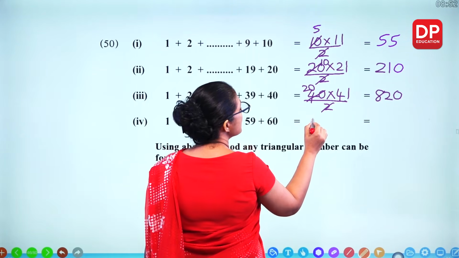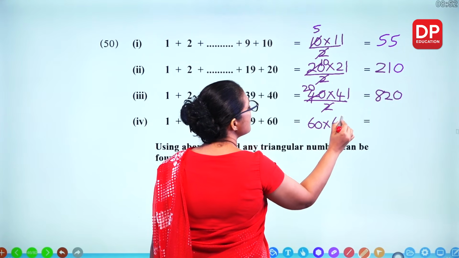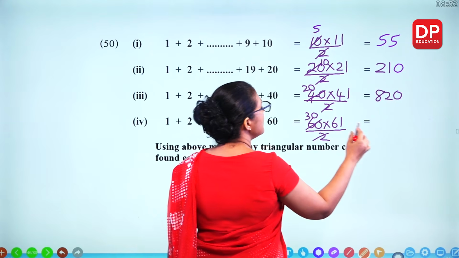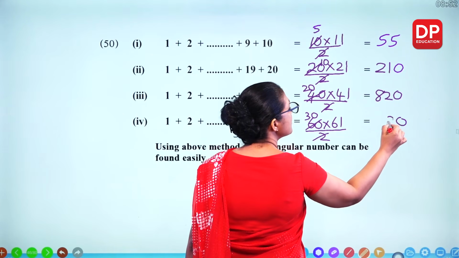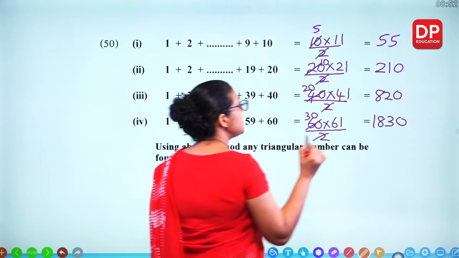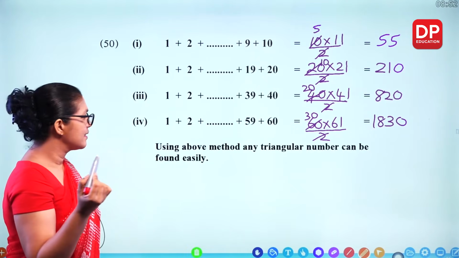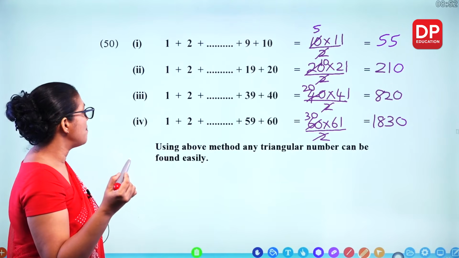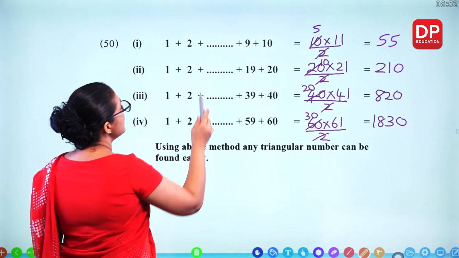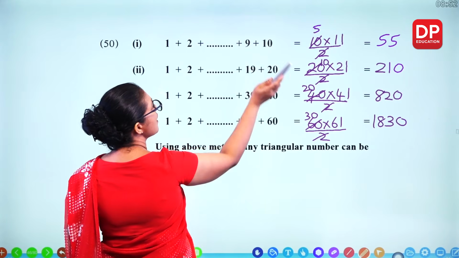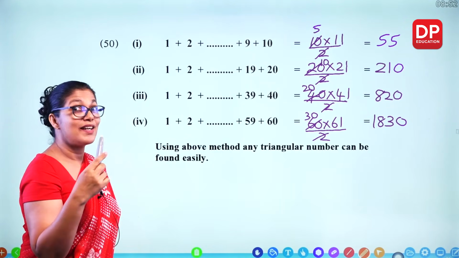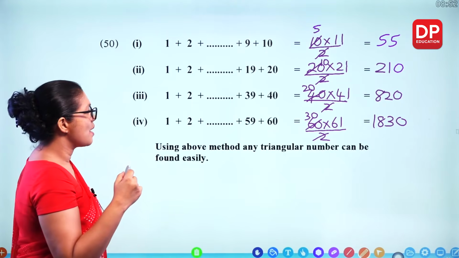So that means 60 into 61 divided by 2. 2 times 30. 0, 3 times 1, 3, 3 times 6, 18. 1830. So using the above method, any triangular number can be found easily. So this means the 10th triangular number. This is the 20th. This is the 40th triangular number, and the other one is the 60th triangular number.